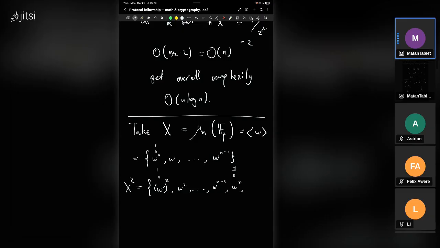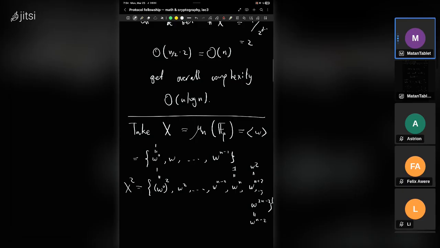And then I have W^(n+2), but that is just W^n times W squared, and W^n is 1, so this is W squared. And I repeat until W^(n-2).